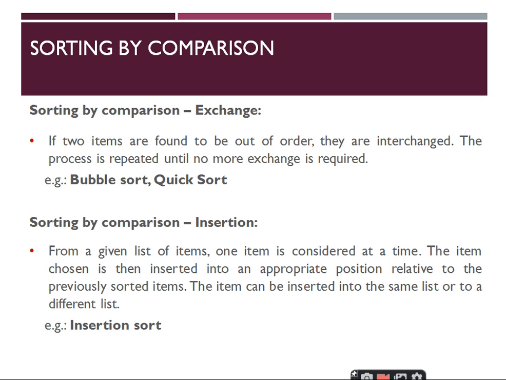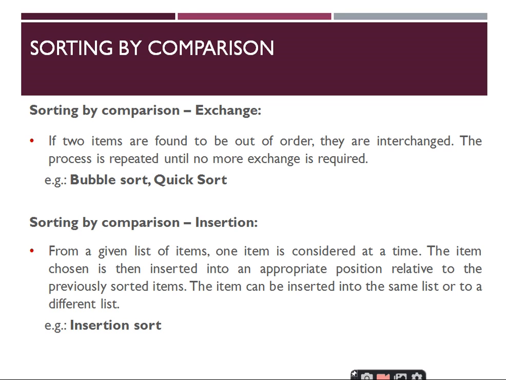Now sorting by comparison, first exchange. In this mechanism, if two elements are found to be out of order, they are rearranged. The process is repeated until no more exchange is required.